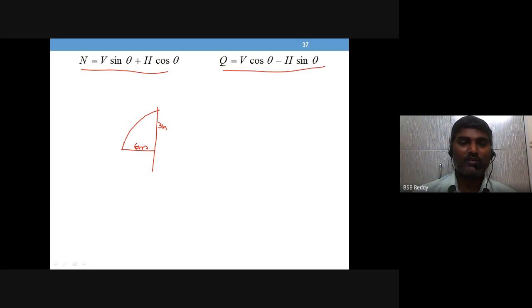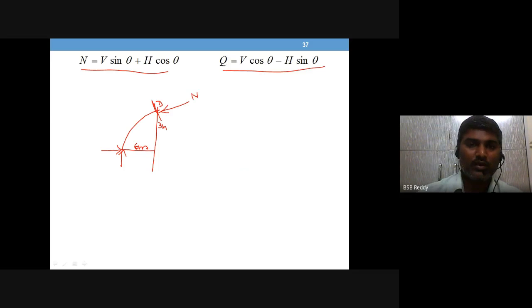Maybe they are not to scale because 6 meters is much bigger and 3 meters much lesser. Don't worry. So there are reactions here, and this is point D where we want. This is a section perpendicular to the cross section, and you need this n value and this q value.